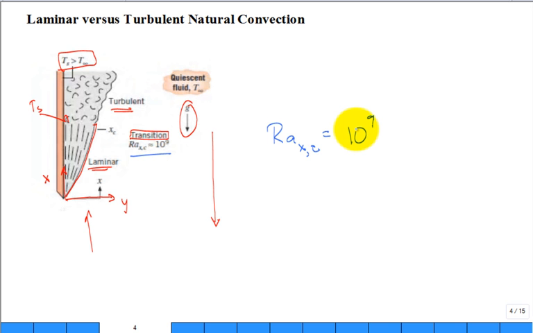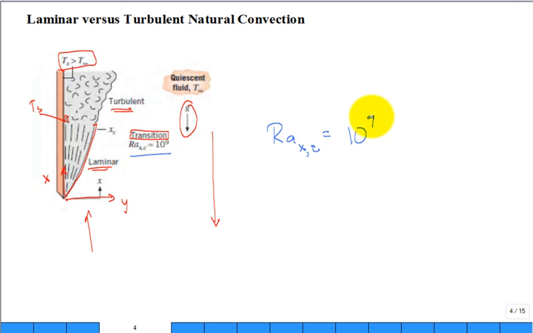So here we go. We have a laminar turbulent criteria for flow inside a pipe. What was that value? 2,300. And it was based on the Reynolds number, based on the inner diameter. Then we had flow over a flat plate, and it was forced flow. And that Reynolds number for transition from laminar to turbulent flow was 500,000. And here we have a number, it's 10 to the 9.